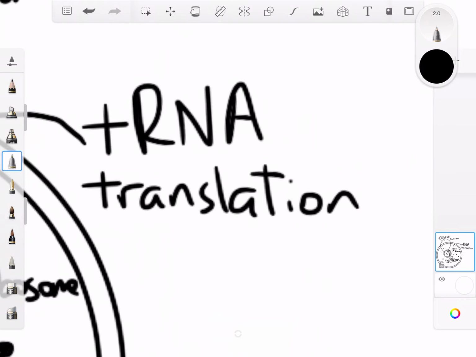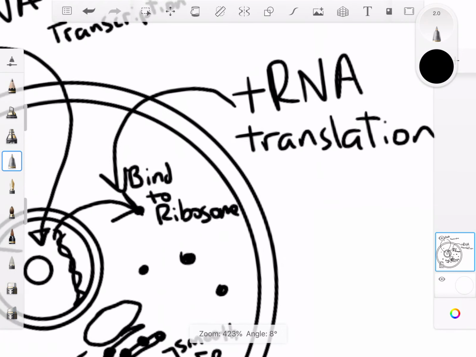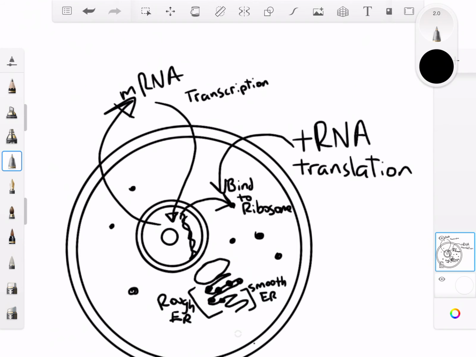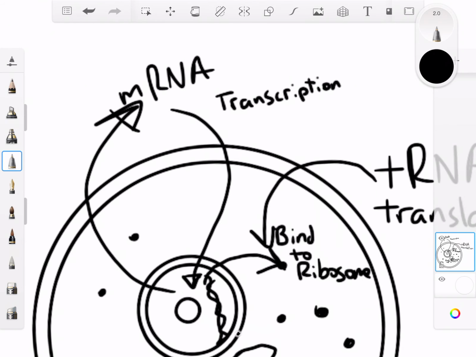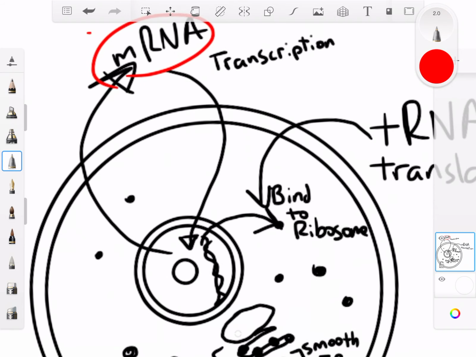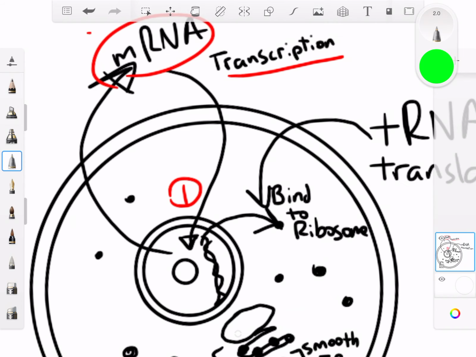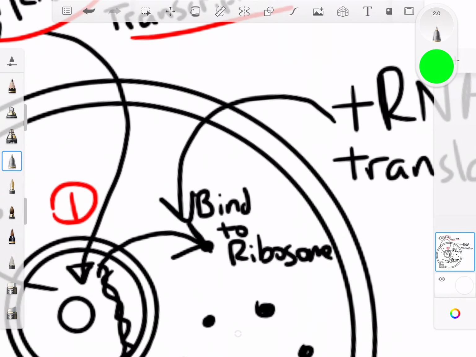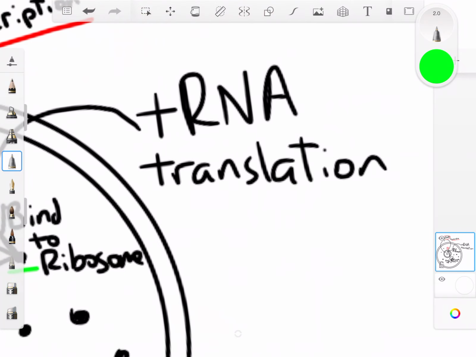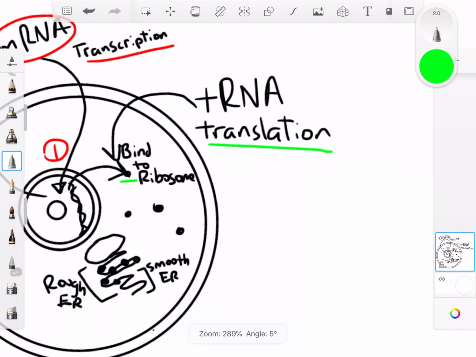So step 1, messenger RNA goes into the nucleus, and transcription occurs. The next step, it leaves the nucleus, binds to a ribosome, and translation occurs.